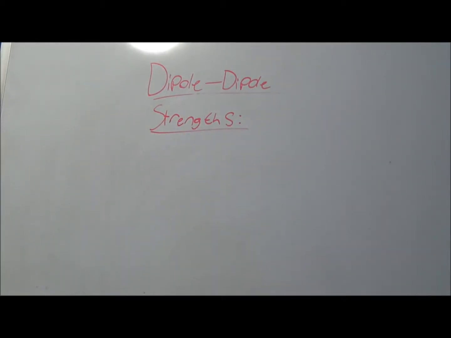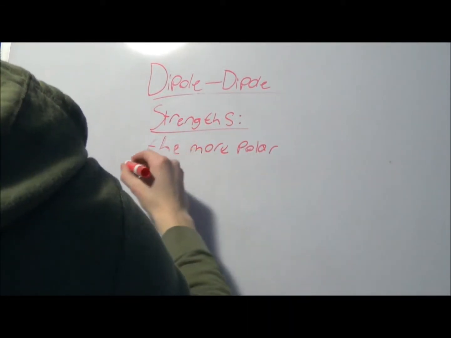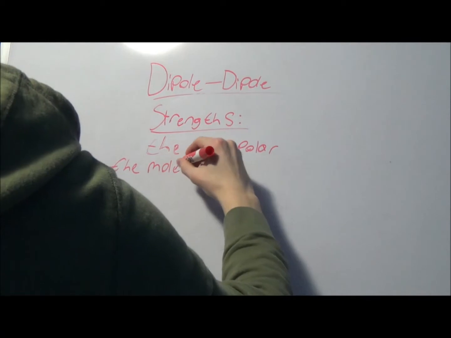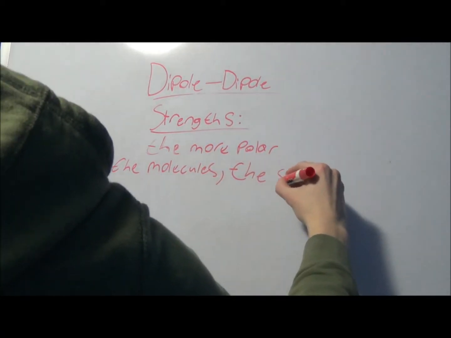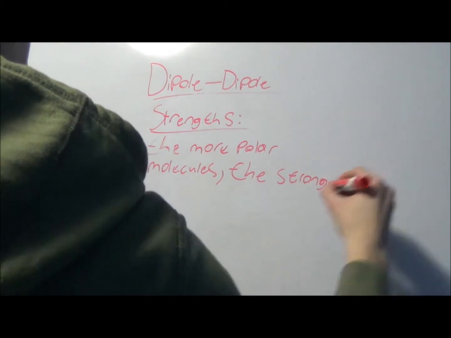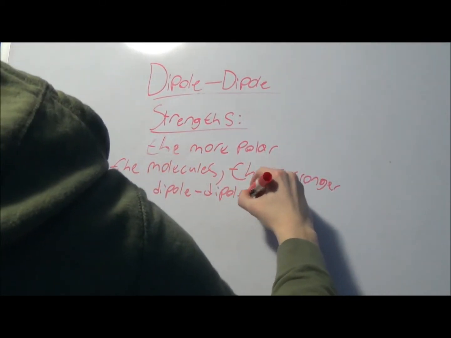The strength of a dipole-dipole interaction comes from the electronegativity differences within and between the molecules. The bigger the difference between the two molecules, the stronger the interaction is between them.